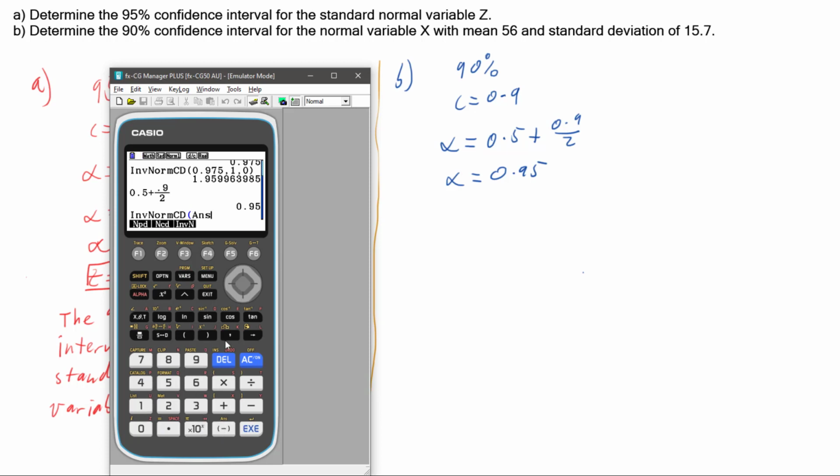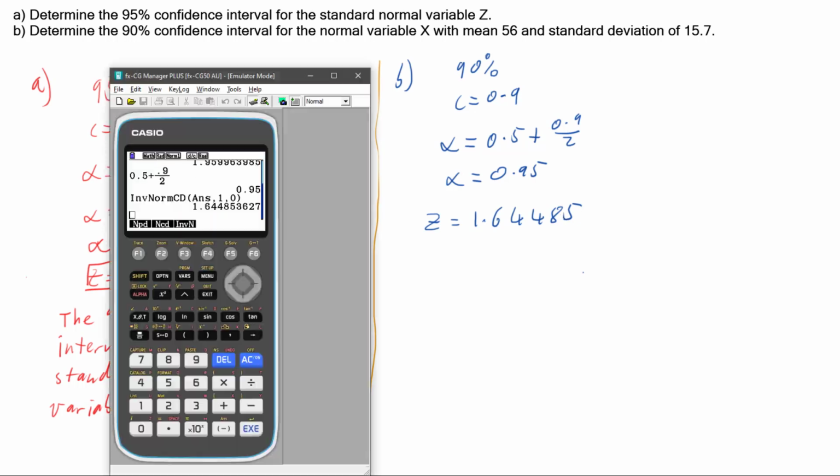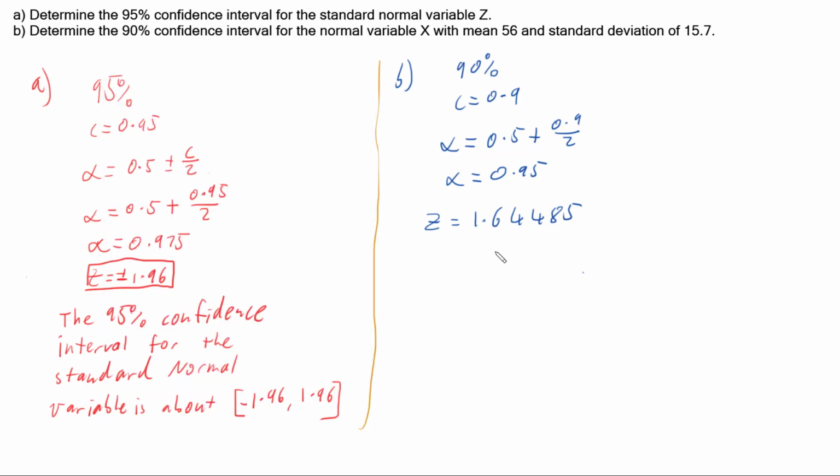Because we've got a normal variable, we're just going to find this for the standard normal, and then we're going to adjust. So I put our standard normal in, and we get 1.64485. So our z-score is 1.64485.